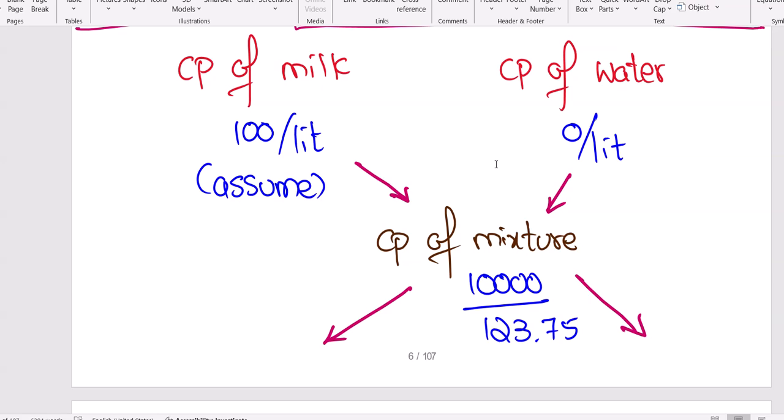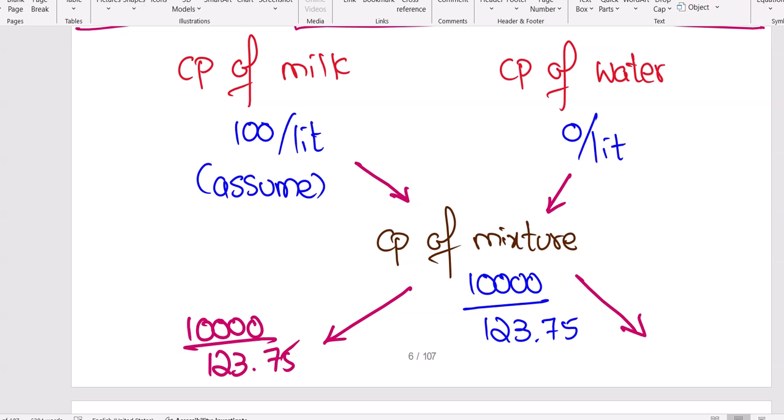Now for 0 and 10,000 divided by something, the difference is obviously 10,000 divided by 123.75. This is nothing but 10,000 divided by 123.75 minus 0. And on this side, these two we have to take the difference of. Listen, this is 100, and the denominator here is something.